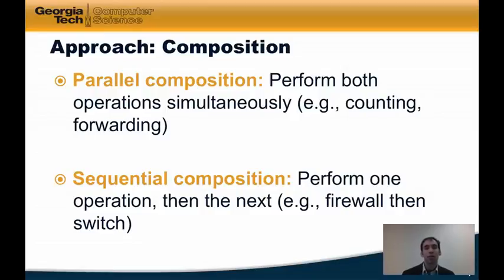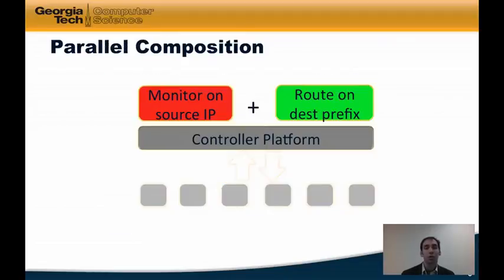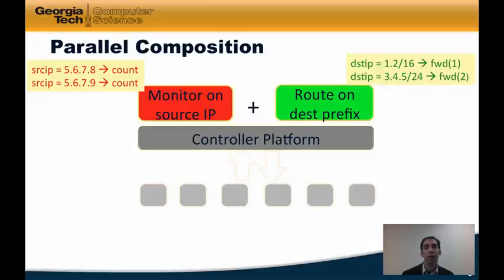Let's now look at some example applications that use both parallel composition and sequential composition. Let's first have a look at parallel composition. Suppose that we would like to write a control program that both monitors traffic arriving on a particular source IP address and routes the traffic to different output ports depending on the value of the destination IP address.